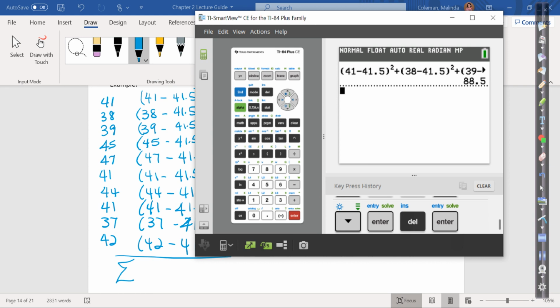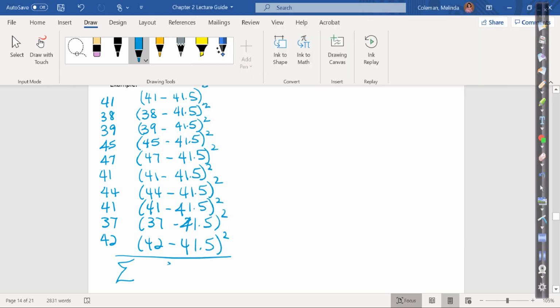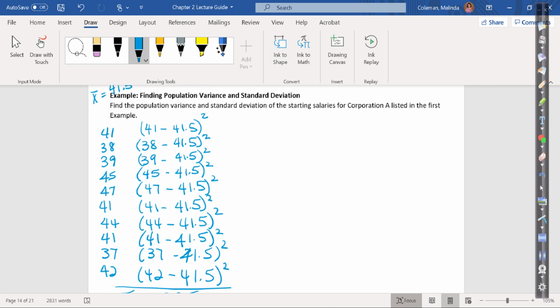All right, so we added those up and we got 88.5. So you can see how tedious this can be. In just a few minutes, I am going to show you how to do this on your calculator, so it'll be a whole lot easier than trying to do this by hand.